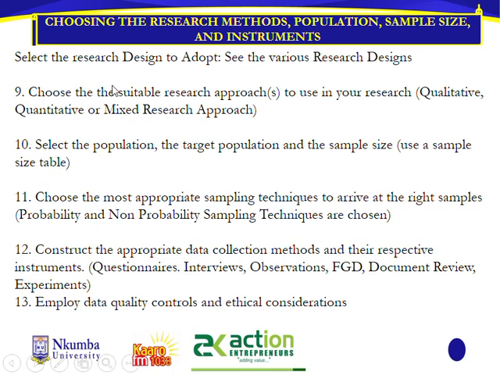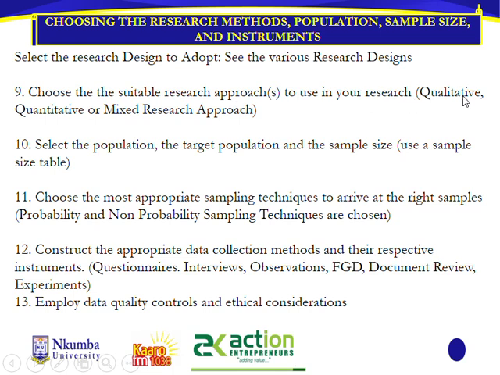Now, at the stage of choosing research methods, one has got to select which research design to adopt. You'll see the various research designs a researcher can adopt. Then after, you choose the suitable research approach.